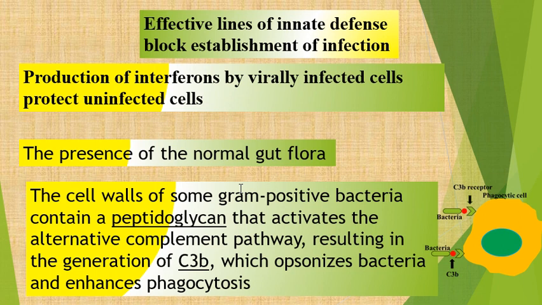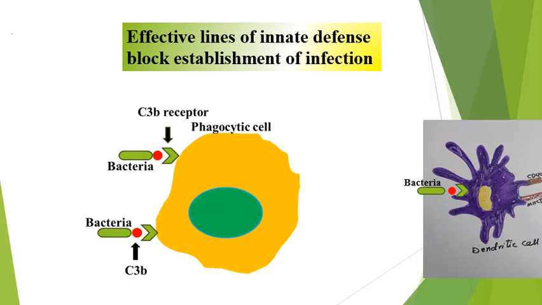The cell walls of some gram-positive bacteria contain peptidoglycan, and that activates the alternative pathway of the complement, resulting in generation of C3b, which opsonizes bacteria and enhances phagocytosis, as can be seen here.